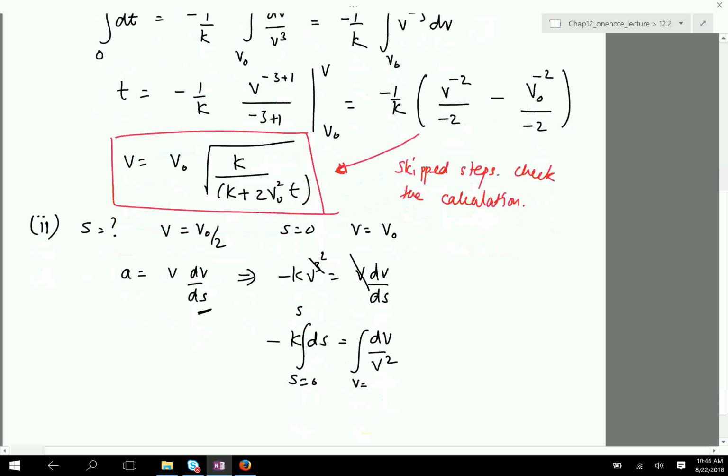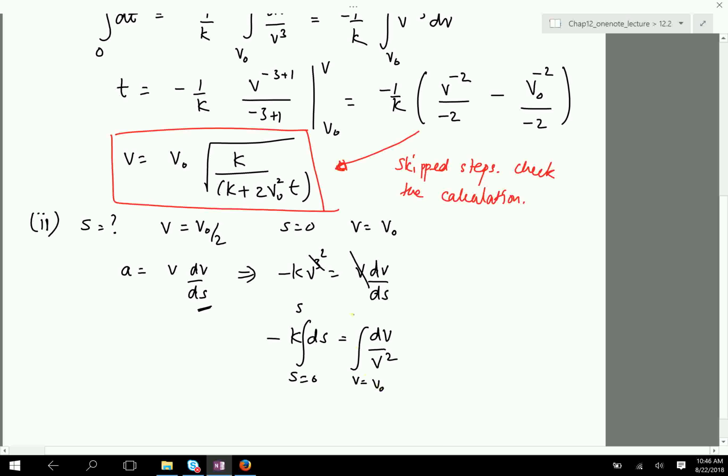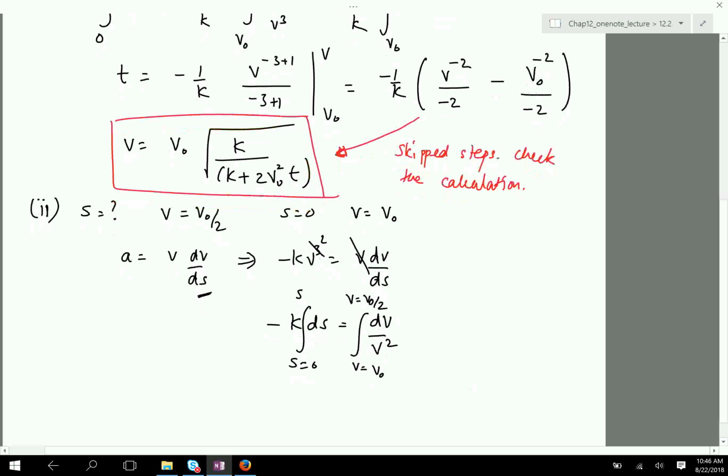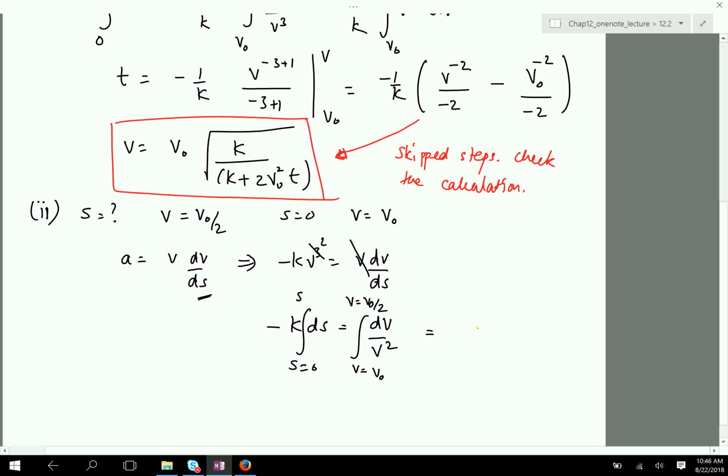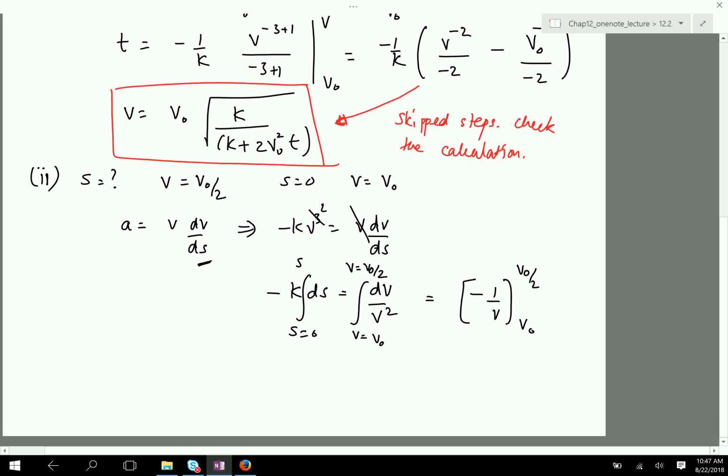The velocity changes from v0 to v0 divided by 2. So this is minus 1 over v. Okay, again you have to do v to the minus 2, so minus 2 plus 1 divided by minus 2 plus 1, which is minus 1 upon v, between v0 divided by 2 and v0.